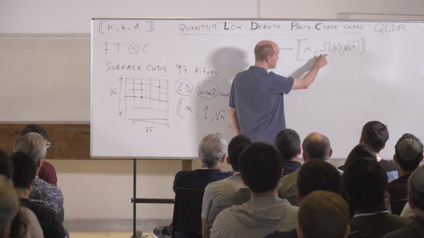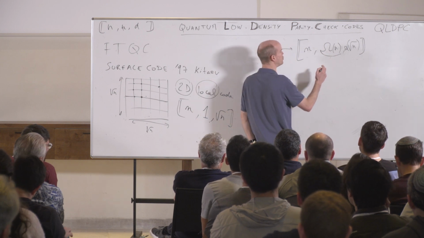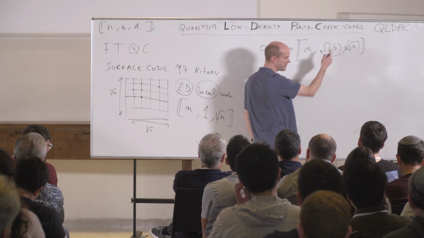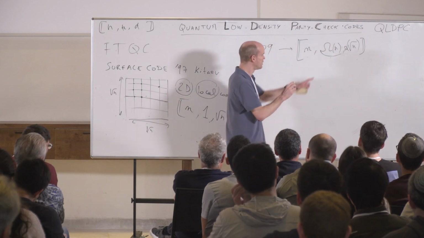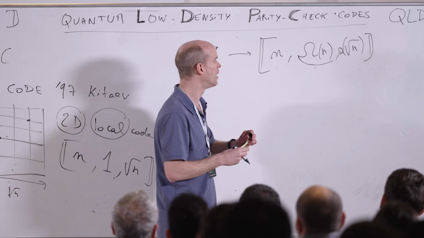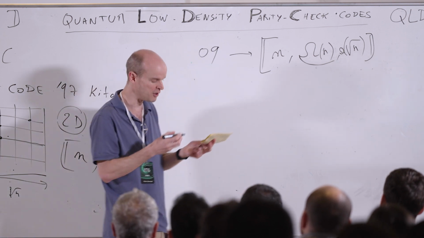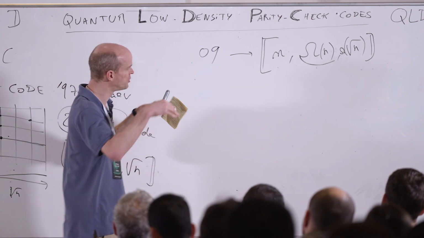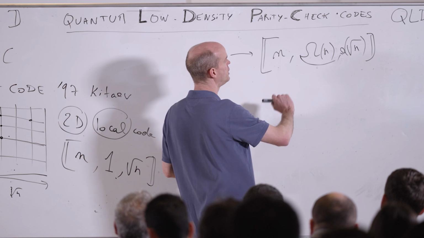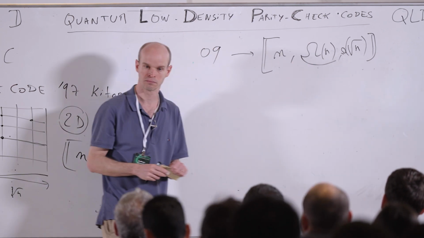So no. For this, you can put any value that you want. You can get 0.9 times n if you want. So here the dimension you can just fix as you want. But then as you fix it, of course, the distance will suffer. If you increase the dimension too much, the distance will suffer. So you have a trade-off for the constants. But you can take any constant in front of n. Yeah.